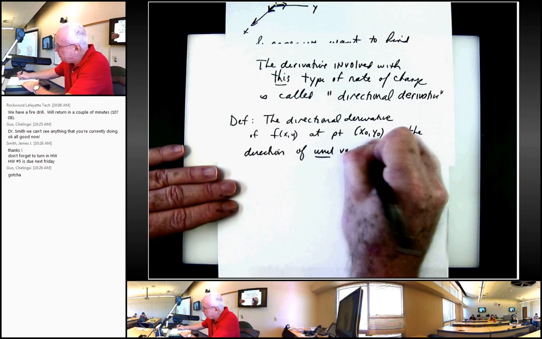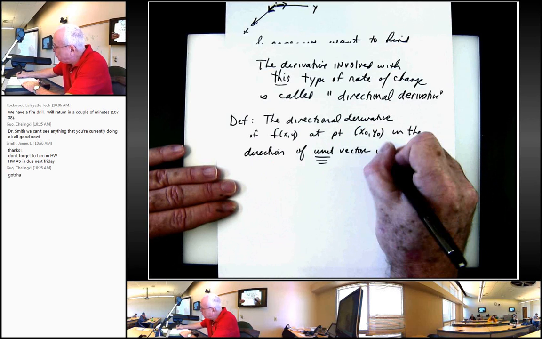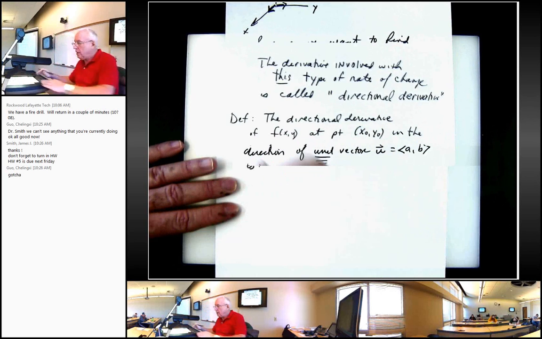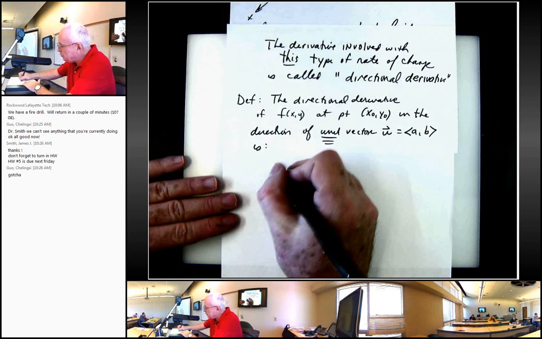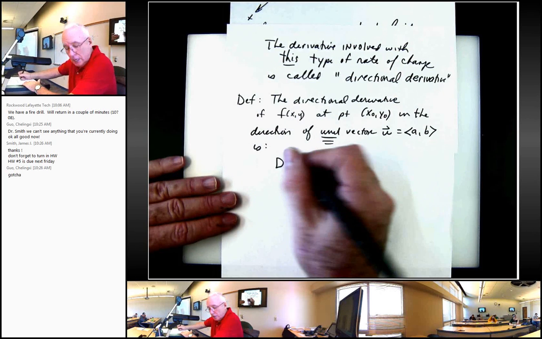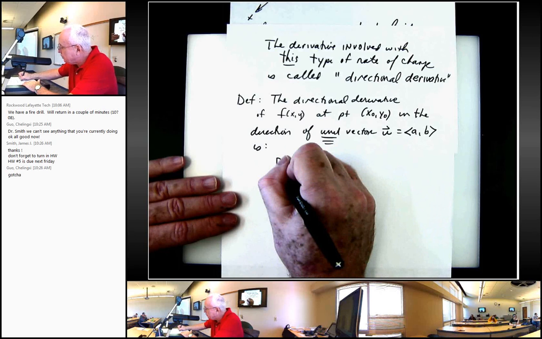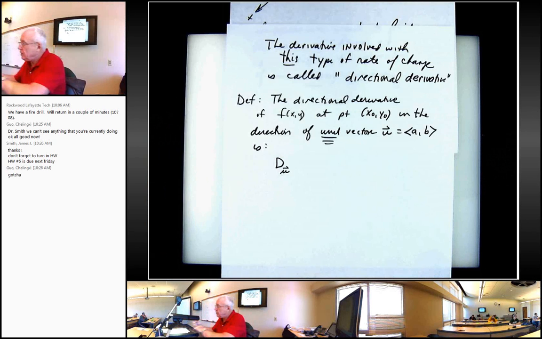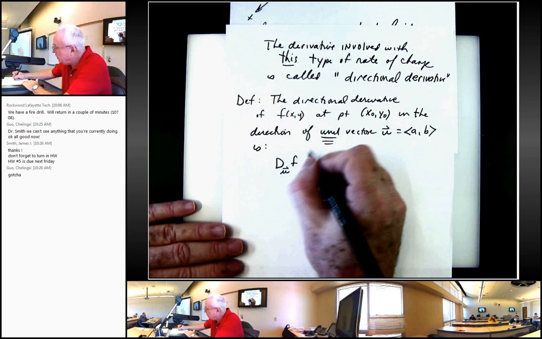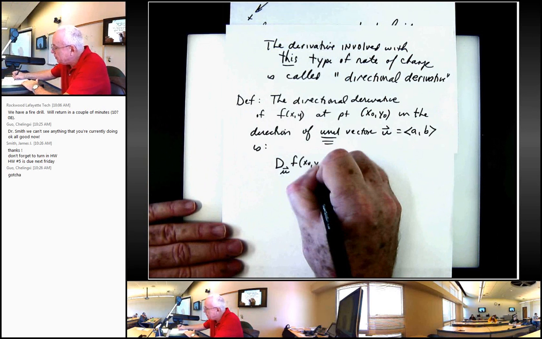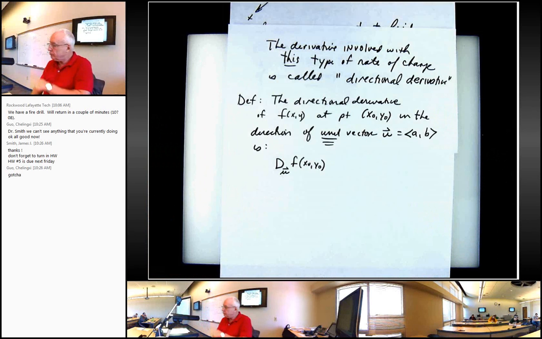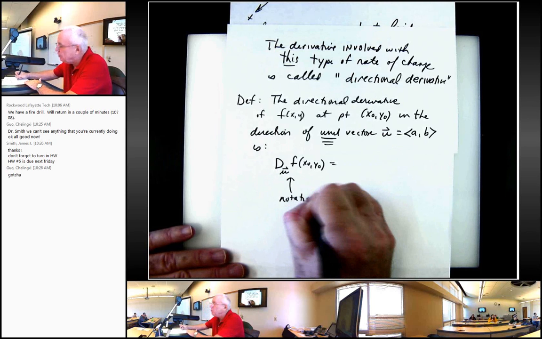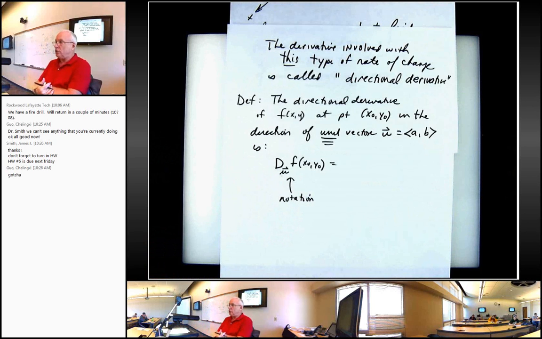Again, I want to underline unit vector u equaling (a, b) is the following. The way that we write this is we put a capital D for derivative, and then below here as a subscript, we put our unit vector, whatever our unit vector is, and then we put our function here, and then the point that we're talking about, (x naught, y naught). So this is notation that I want you to become familiar with for denoting a directional derivative.